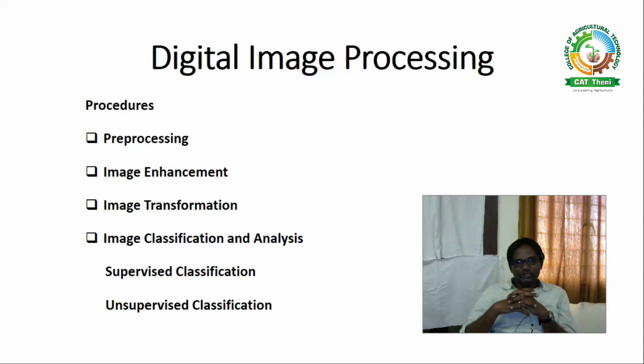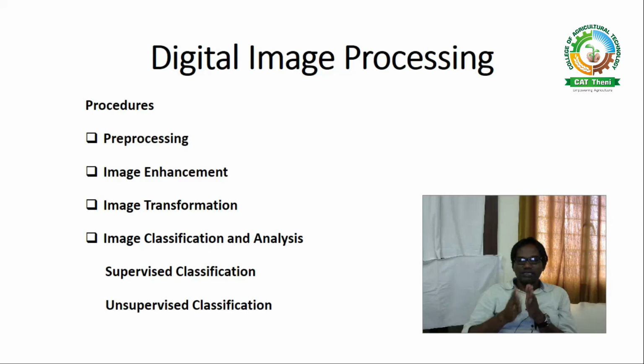Regarding supervised classification, the statistical characteristics are determined based on the reflectance, and then after statistical characterization, the image will be classified based on the pixel values. That is called supervised classification. In the case of unsupervised classification, the pixels will be segregated into groups, and those will be converted into unique classes.